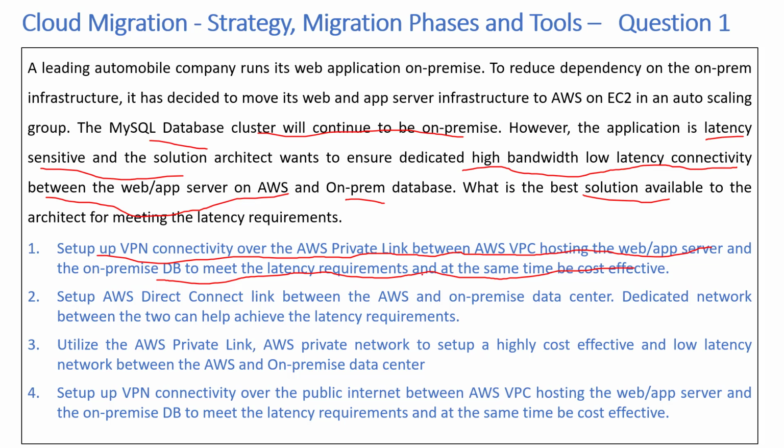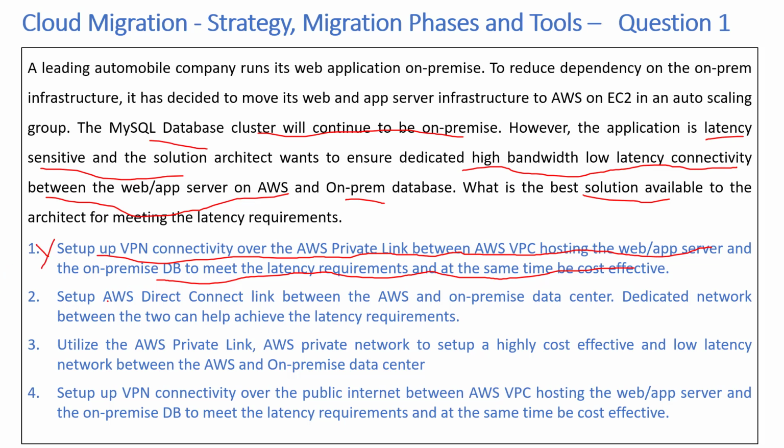But the problem with VPN connectivity is that it will not be a dedicated network. So it will traverse over the public internet. The second thing is the AWS private link is not relevant here because private link is used for connectivity between AWS services which are hosted in AWS VPC to your VPC. So this option is not a correct one.